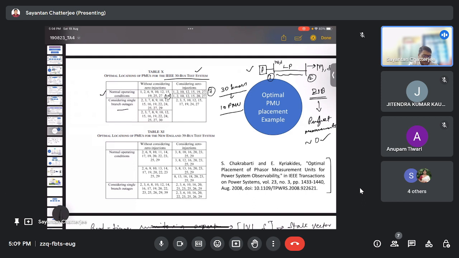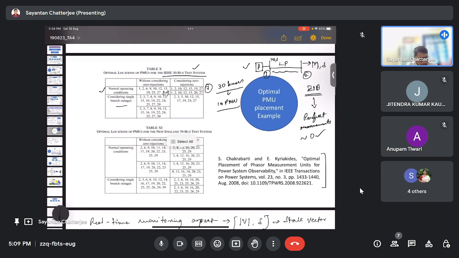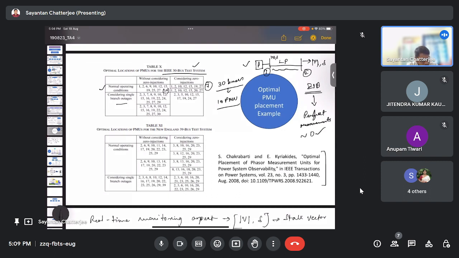If a branch outage occurs in such a position, then placement of a higher number of PMUs would take place, although the number of PMUs placed is still lesser than the number of buses.